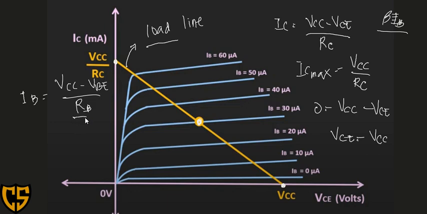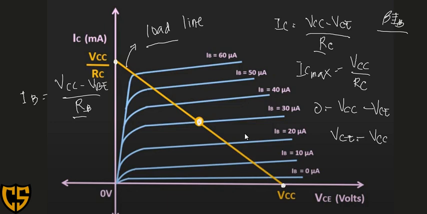And our output is dependent on the value of our resistor RC. So if we change the value of your RC, then our load line will change.